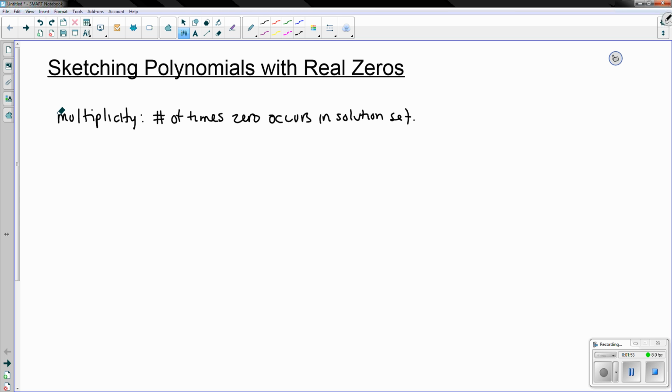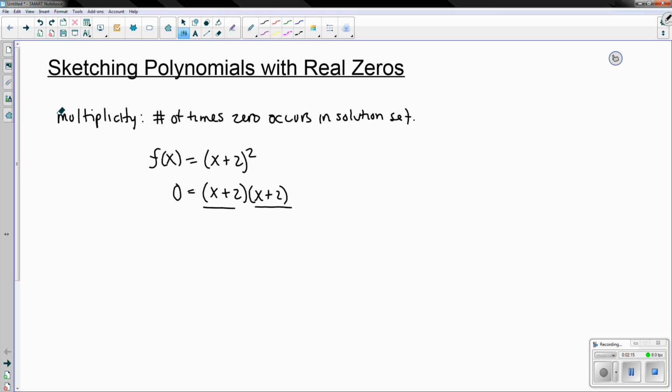So, for example, let's say I have this function f of x equals (x plus 2) squared, and we want to find the zero. So we want to know, when does this equation equal 0? Well, (x plus 2) squared can be written as (x plus 2) multiplied by (x plus 2). And using that zero product property we've discussed before, for this equation to equal 0, either this term or this term has to equal 0.